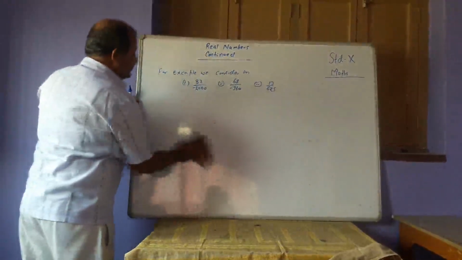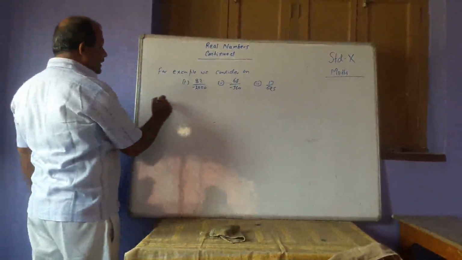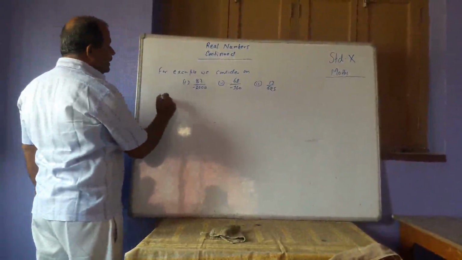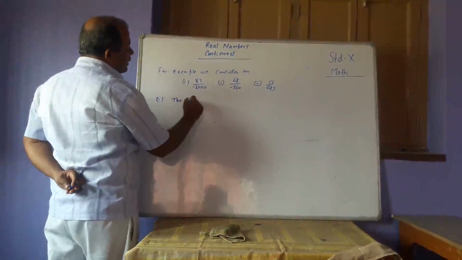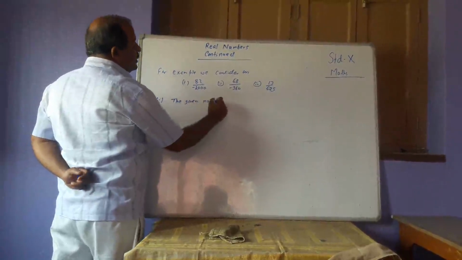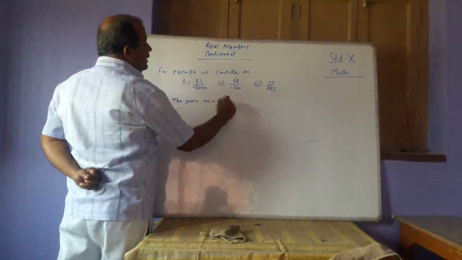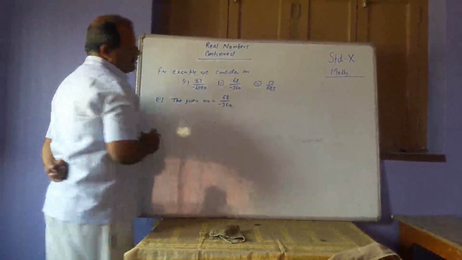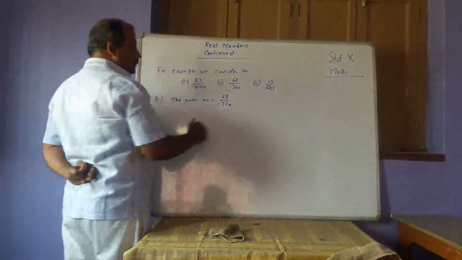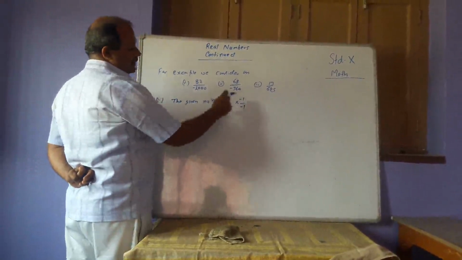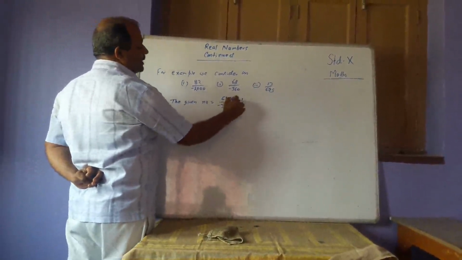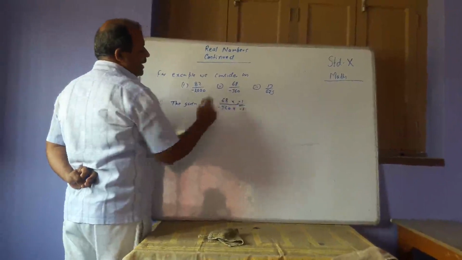Here, in the second example, the given number is 68 by minus 360. Again we do the same. Both the numerator and denominator will be multiplied by minus 1.